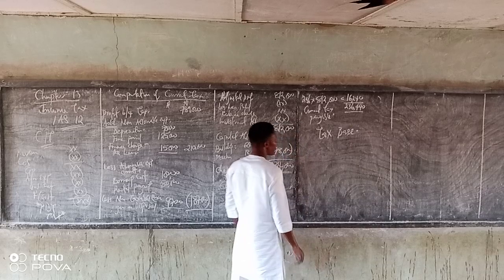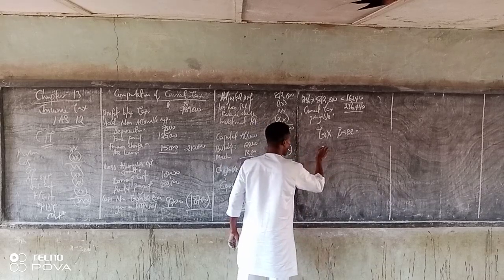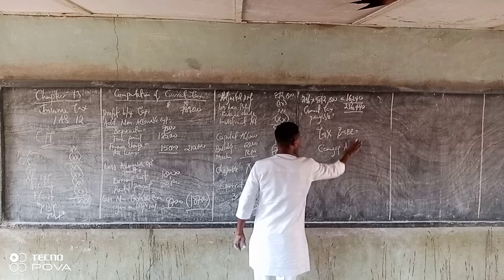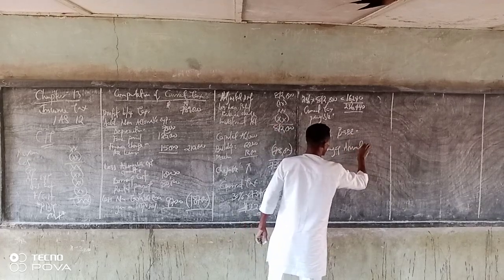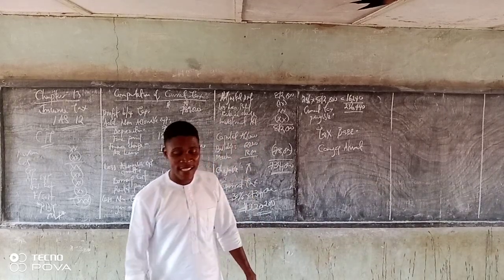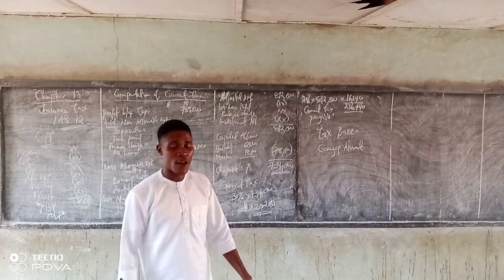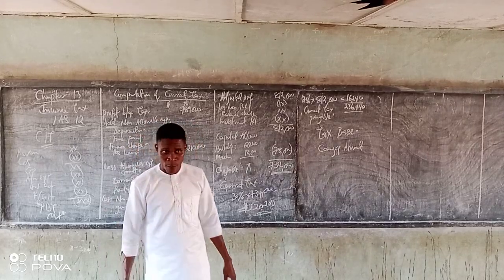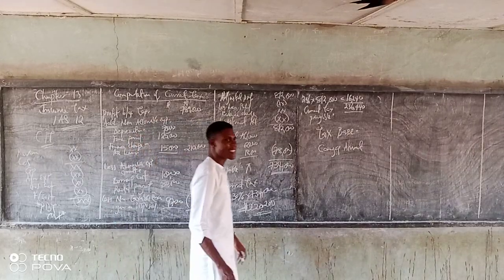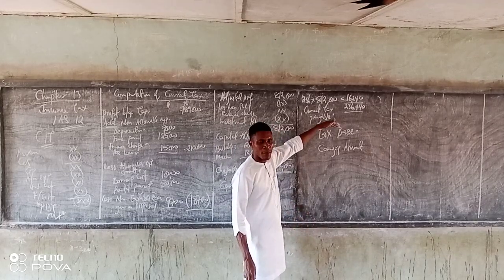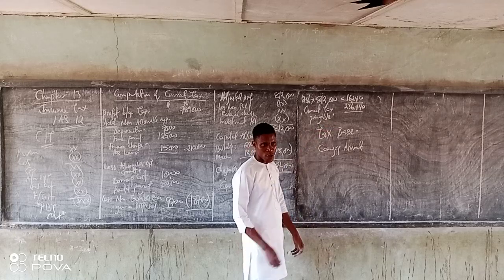In accounting, when you have carrying amounts, what does that signify? What is the carrying amount in IAS 16? That's the cost of the asset minus accumulated depreciation and impairment loss. Now, this tax base also is the cost of the asset minus accumulated capital allowance. Are we together?